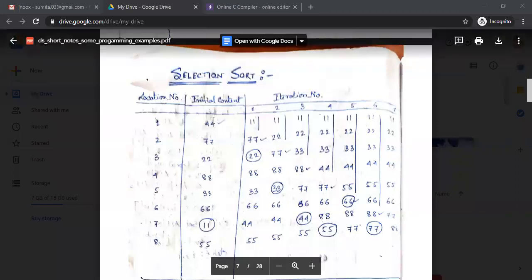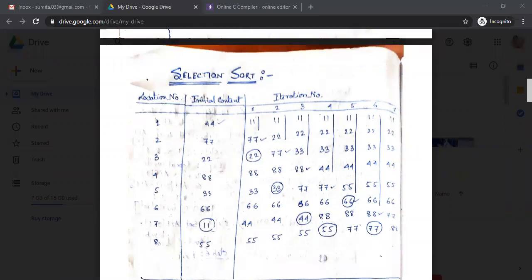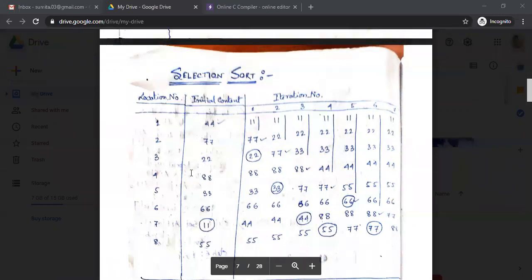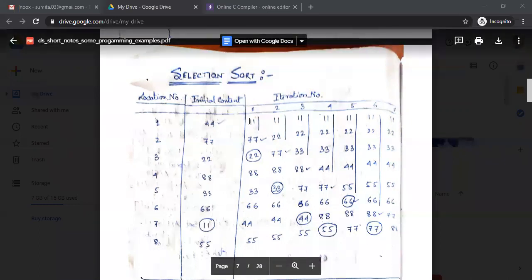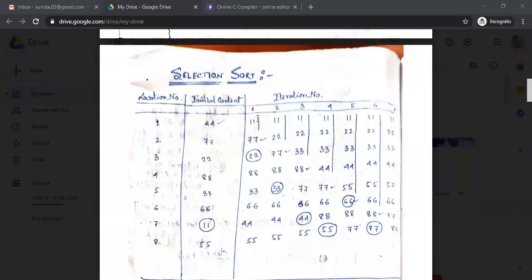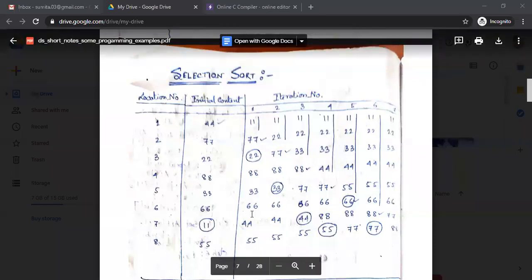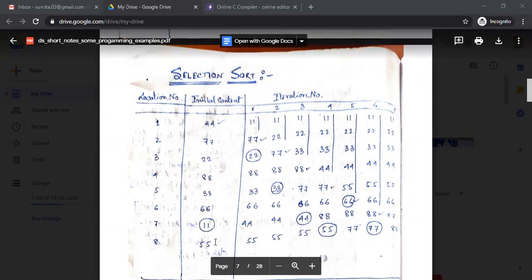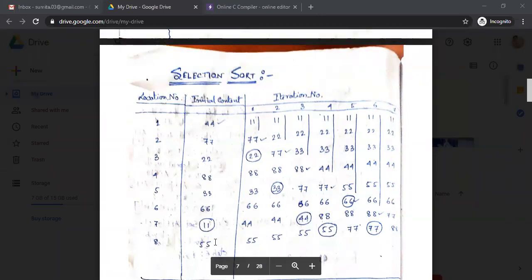If your first value is greater than the smallest one, you interchange the positions of these two values using a third variable. So 44 is greater than 11, that's why after iteration 1, 11 and 44 change their positions. Now the question is, if this value is not greater than this value, then no interchange happens. We will see that here also.